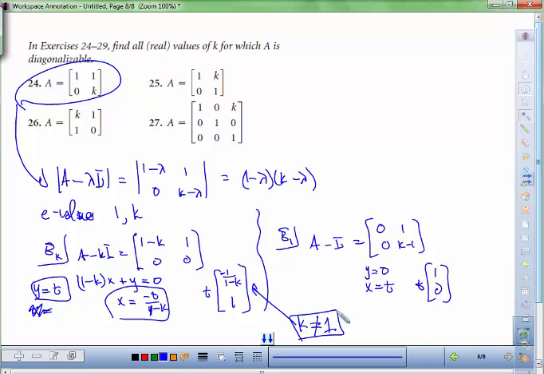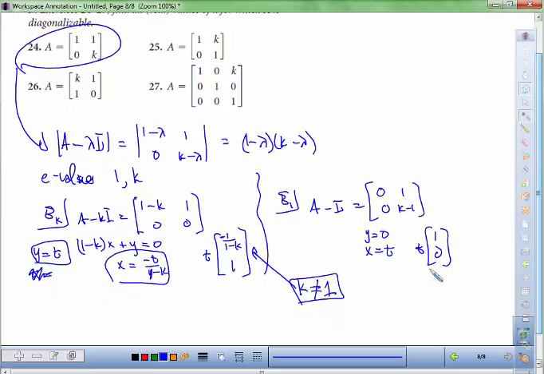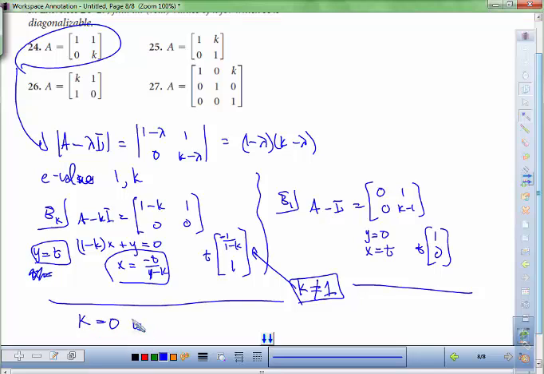So what happens if k is equal to 0? Do you think it's 1, 1? If k was equal to 0, it's negative 1, 1. That's linearly independent, so I think that'll work. Yeah, you get 0, 1 for that. So it looks like k equals 0 is okay.